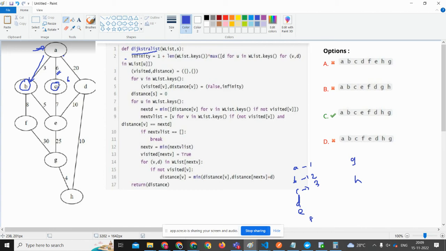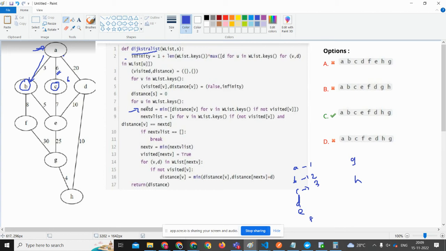So when you go to line number 8 in the code, it's next D is equal to min of distance V for V in W list. In the first round itself, you update distance of B to 3, distance of C to 6, distance of D to 20, right? And then you start exploring B because 3 is lesser than 6 and 20.